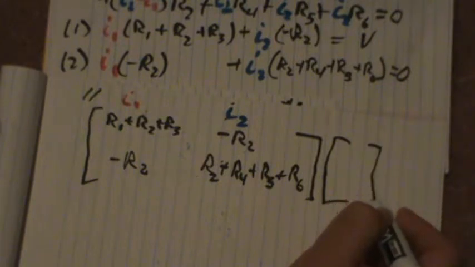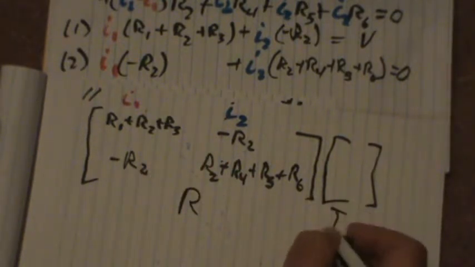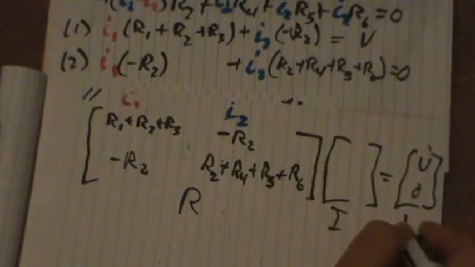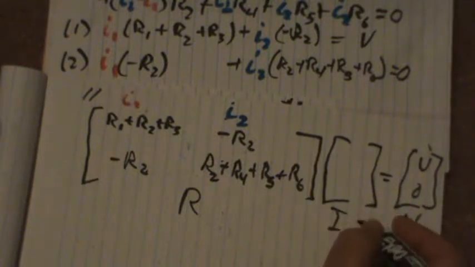Now, that is my resistance matrix. In order to get it so that I1 multiplies the first and I2 multiplies the second, I have to have my currents afterwards. This is why I have RI is equal to my voltages, which will be V0. That's kind of my voltage. So I get an Ohm's law type thing going on here.